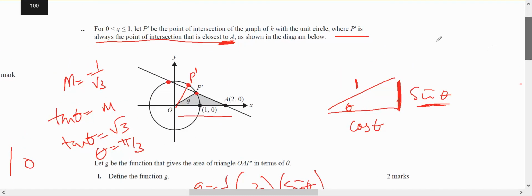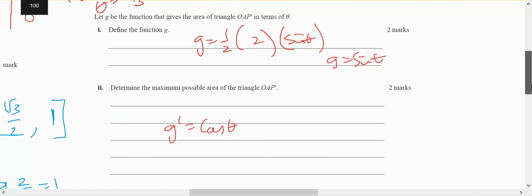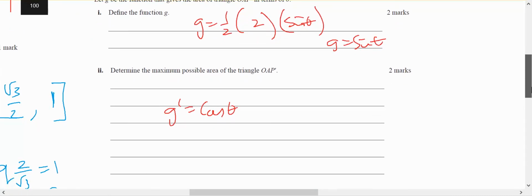Okay, so my theta goes from 0 to pi on 3. My theta could be 0, where P dash is down here. The highest it can be is pi on 3. So, determine the maximum area of the triangle.